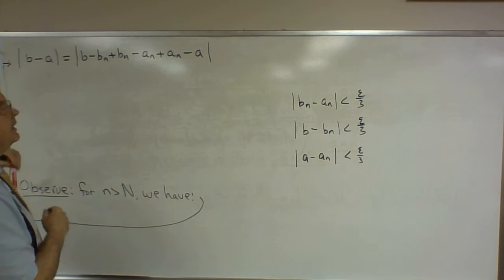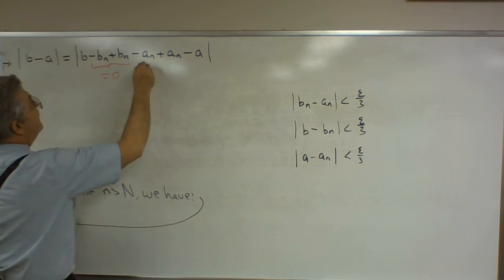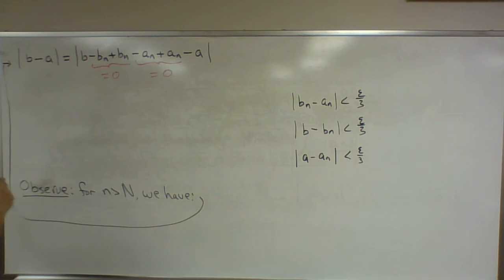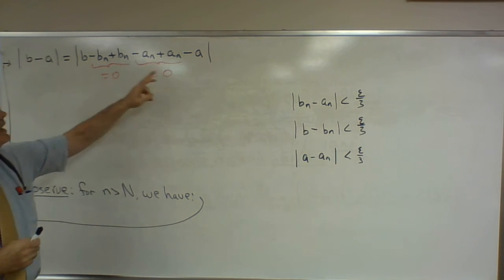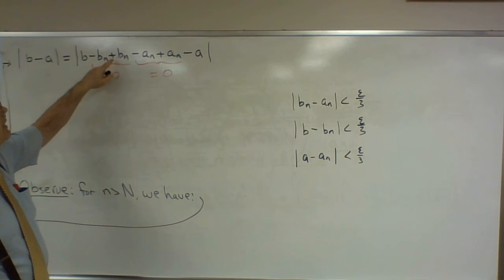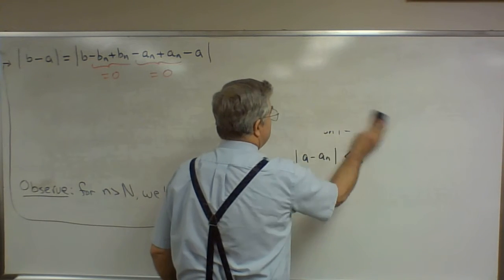So I've really committed no foul. This is 0. This is 0. So I still have b minus a and nothing else. But somehow I've introduced my b sub n's and a sub n's into this inequality.